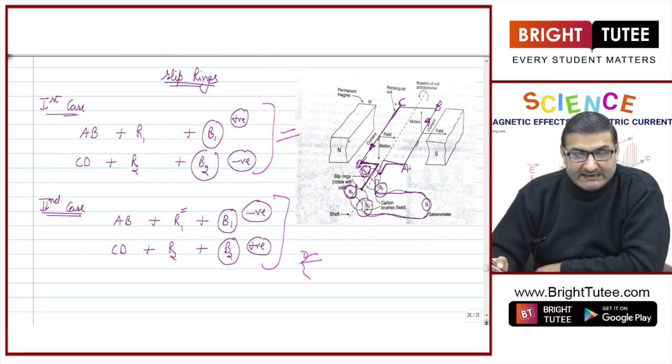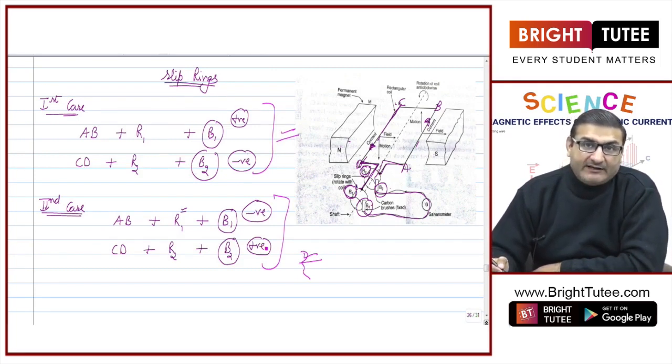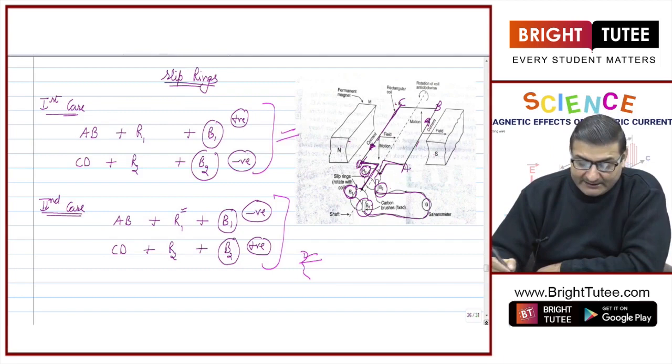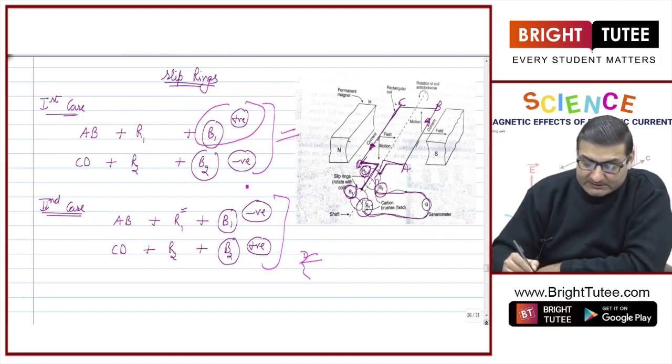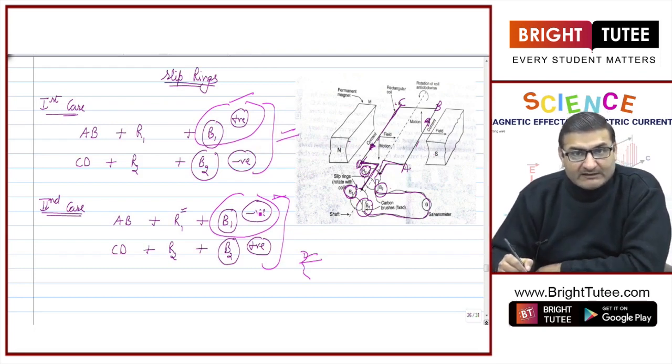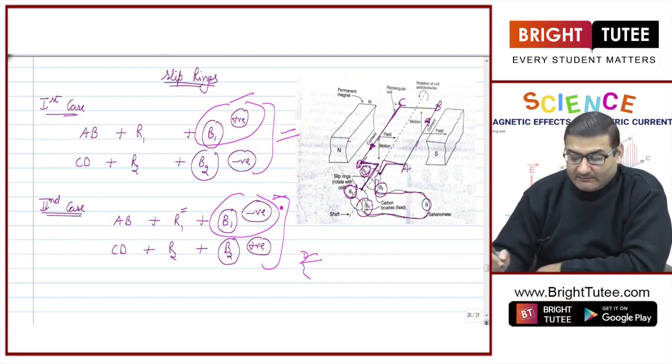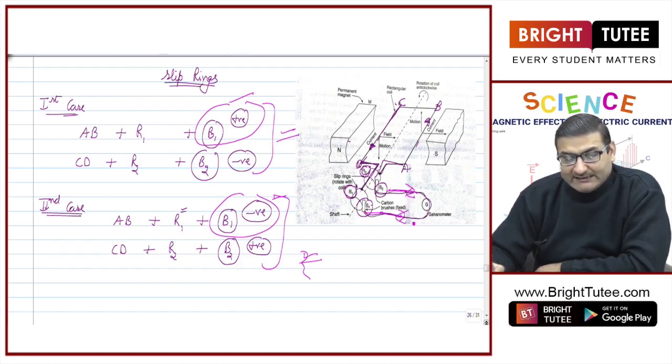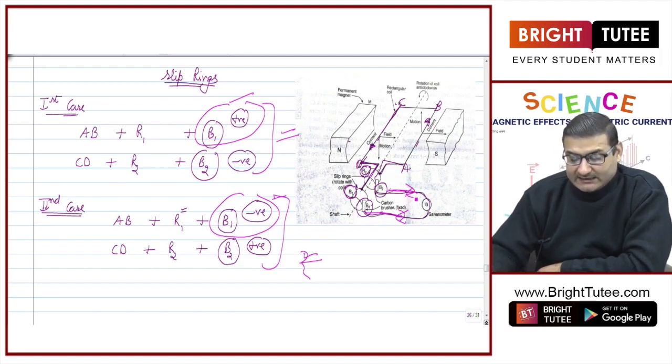So we see that after every rotation, B1 turns positive, then negative, again positive, negative. So the direction of current will be from B1 to B2, and after one rotation B2 to B1, then B1 to B2 and then B2 to B1. It will continuously change its direction.